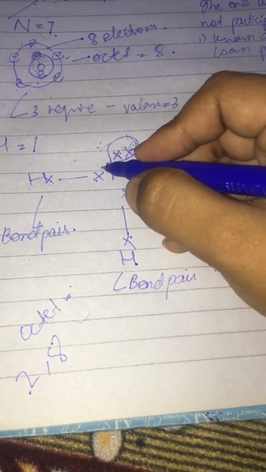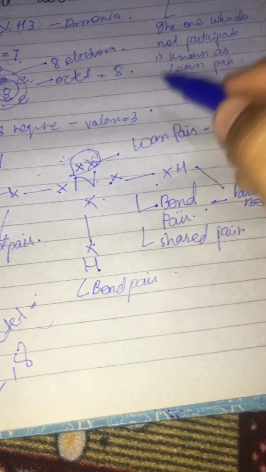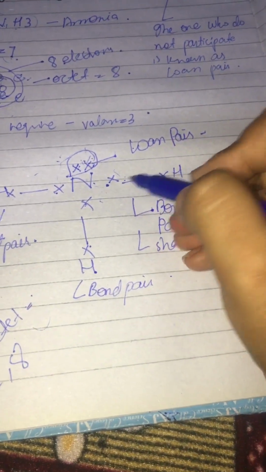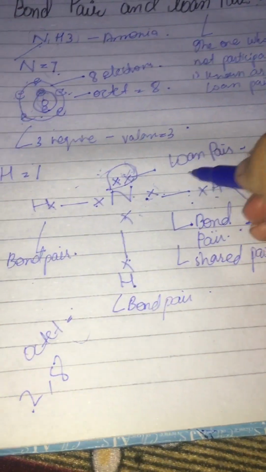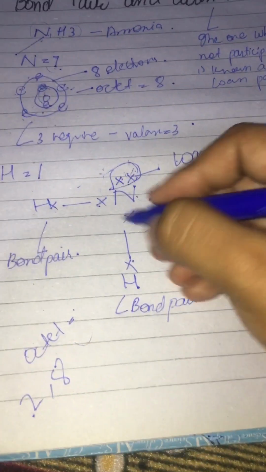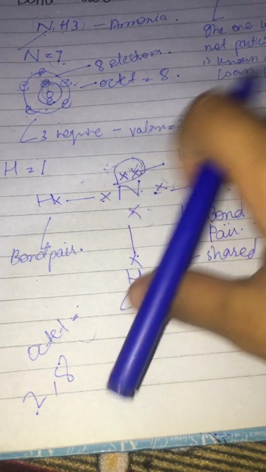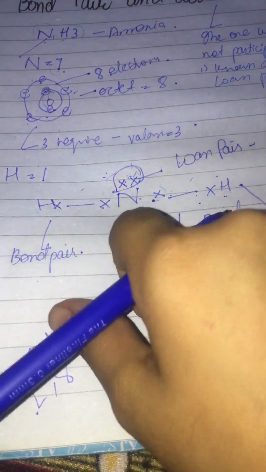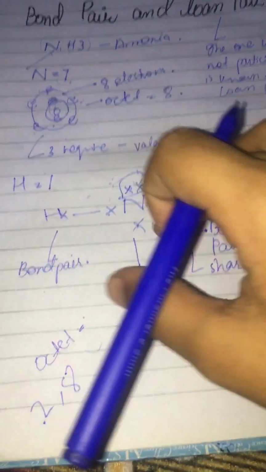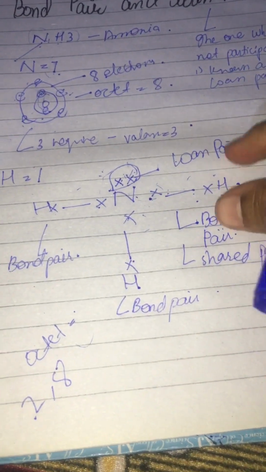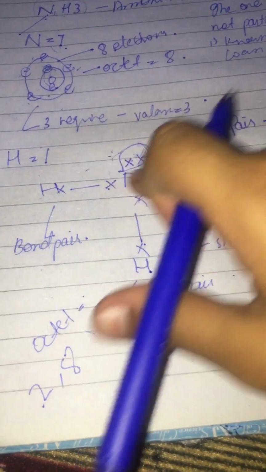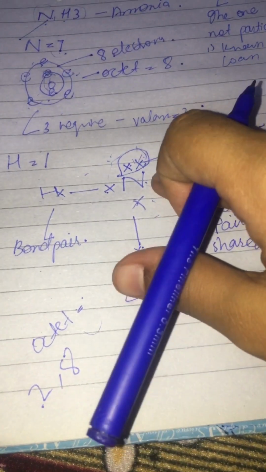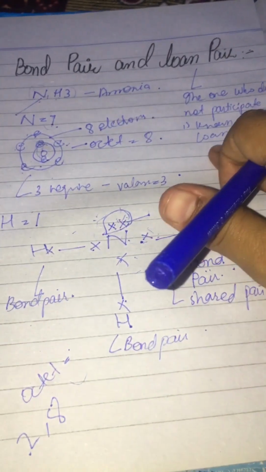So here 1 2 3 4 5, which means 5 are there. Now they will take from another, hydrogen 1, hydrogen 2, hydrogen 3, one each, to complete the octet or valence shell. The one that participates in making a bond is known as a bond pair, and the one that does not participate is known as a lone pair. So these were the bond pair and lone pair.